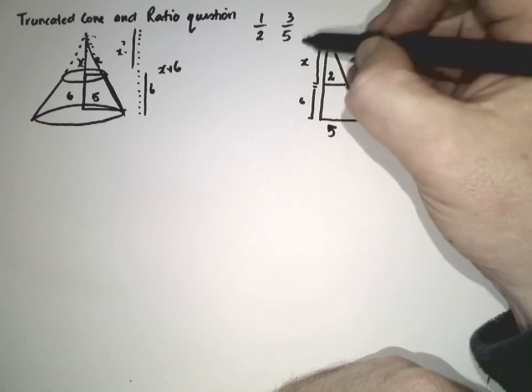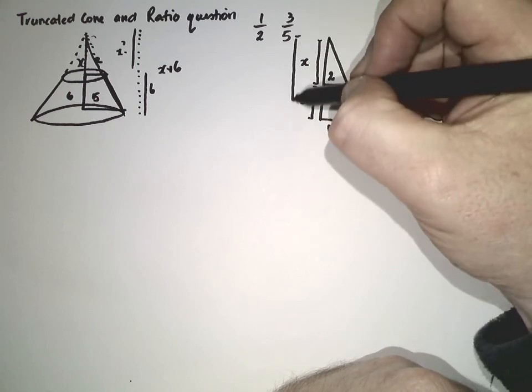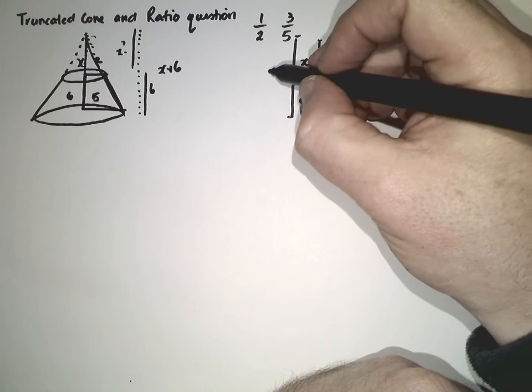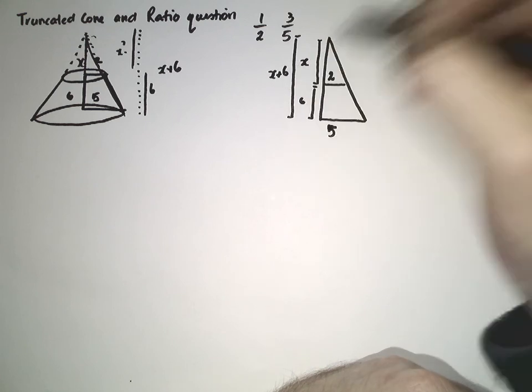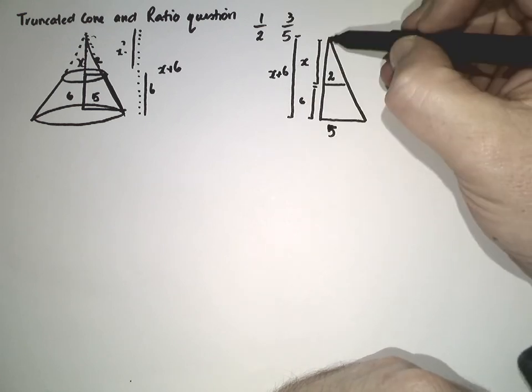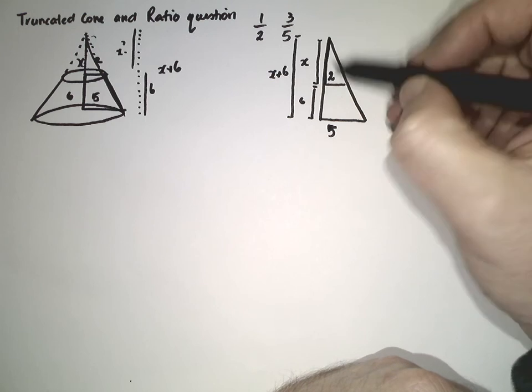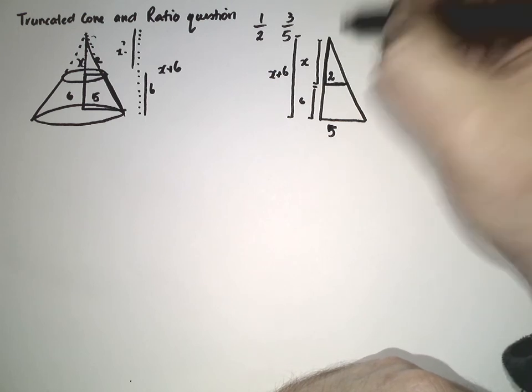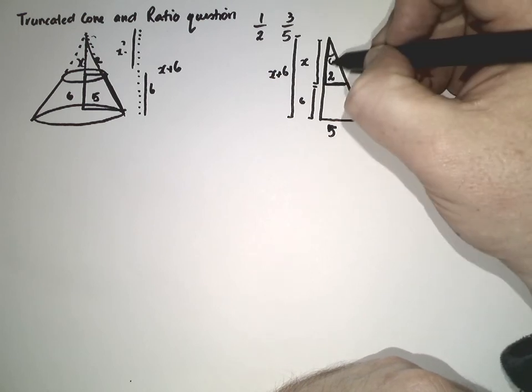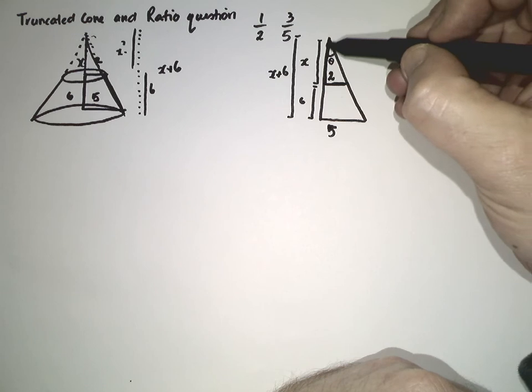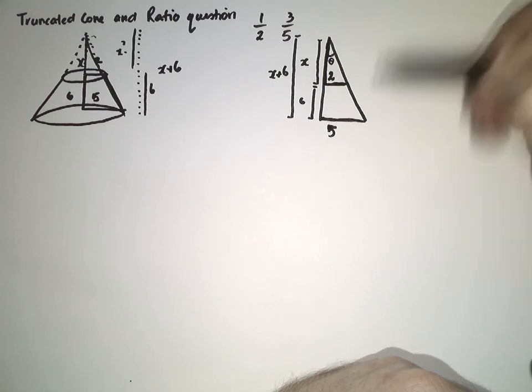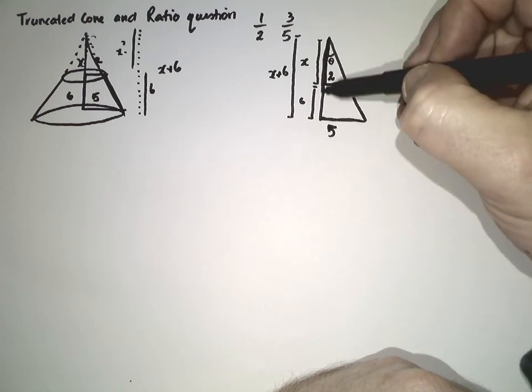And I know the whole length there is X plus 6. Now, funnily, the ratio of this side, X to 2, because this is the same angle, is the same as the ratio of this side, which is 5 to X plus 6.